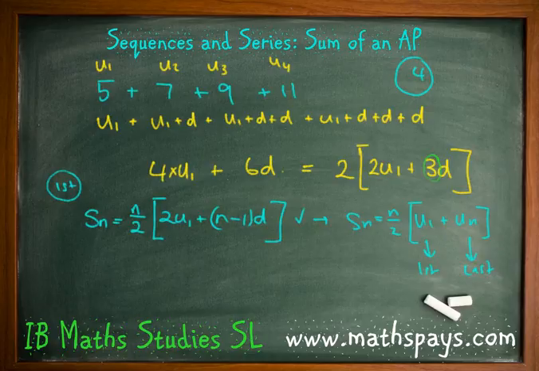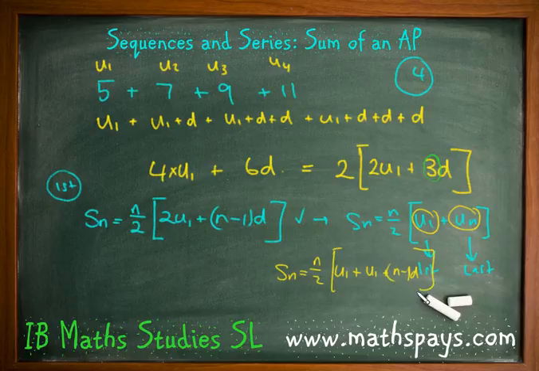Well, what I can show you is U1 plus Un, where Un we found as a general rule last lesson: Un is U1 plus n minus 1 times d. Then you also have this other U1, so U1 plus U1 gives the 2U1 plus n minus 1 d. You can see where it comes from. But for us, we just need to make sure that we know what those two formulas are.